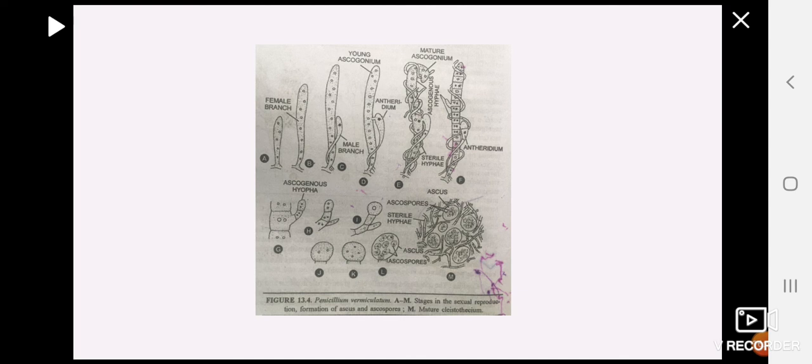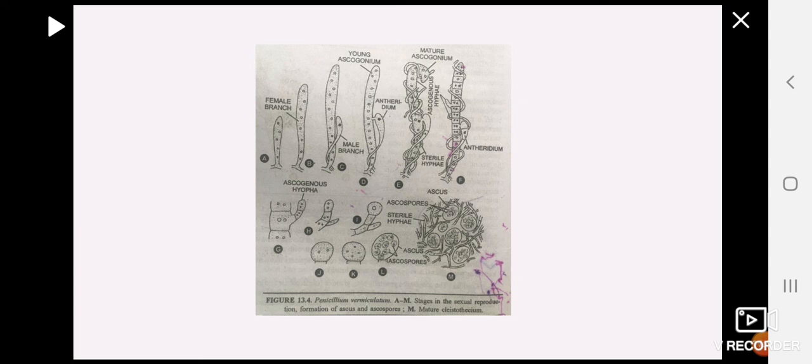The terminal cell of the ascogenous hyphae, or this branch, functions as the ascus mother cell. You can see in the diagram that the ascus mother cell, the terminal cell of the ascogenous hyphae, increases in size. Now the two nuclei in this ascus mother cell fuse, and this fusion of the two nuclei is known as karyogamy, and this leads to the formation of a diploid nucleus.